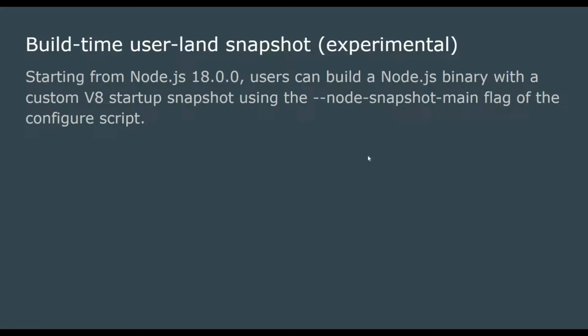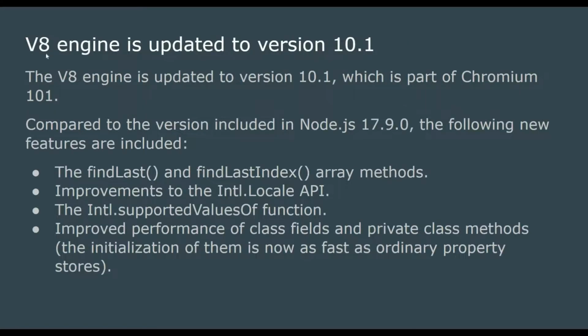We will see that in the upcoming list. They have also upgraded the engine to V8 so that it supports the user-land snapshot feature at build time. So we are able to use those advanced things as a part of Node.js 18 by using V8 in experimental mode. Okay, so here is the relevant announcement I'm talking about.